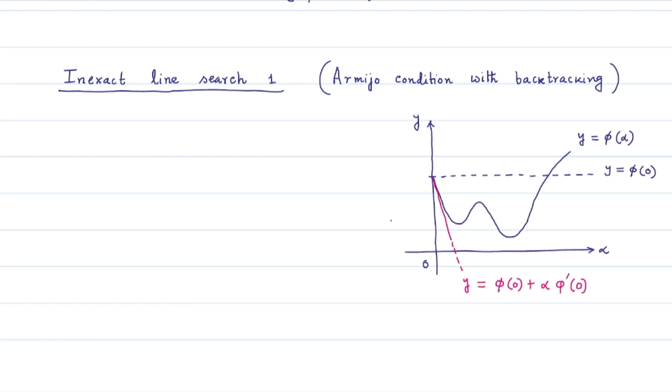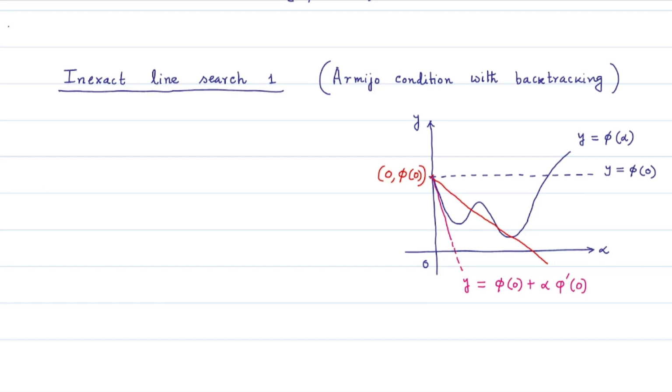The Armijo rule suggests that you consider a line passing through this point 0, phi 0, and that lies in between the line y is equal to phi 0 and this tangent line. So we consider a line, say this line, and then in order to ensure a sufficient decrease of the function value, you consider those alphas for which the function values are lying below this line.